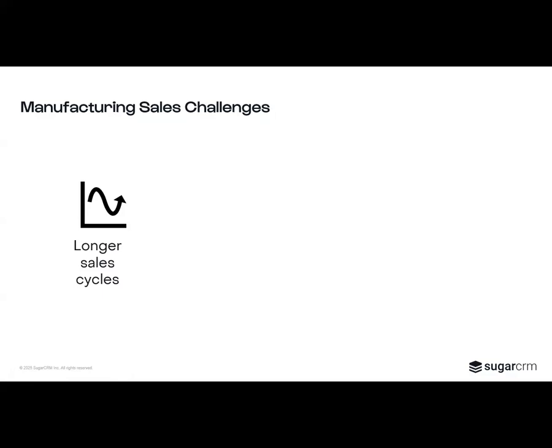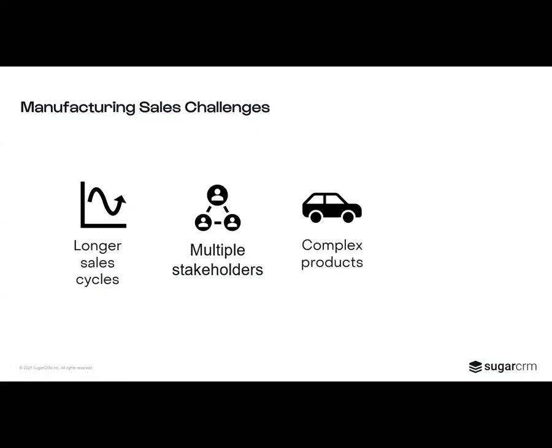You may have many stakeholders. You may have to coordinate with others to complete products that may be going out. I just put a car there. It could be anything you're selling.